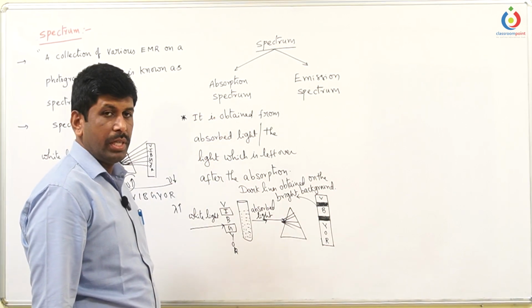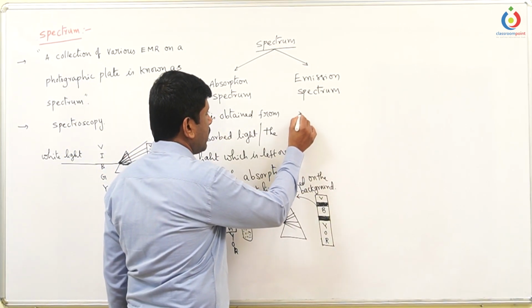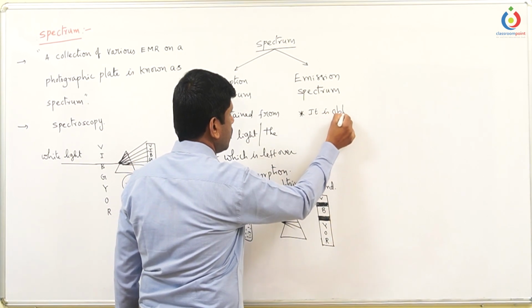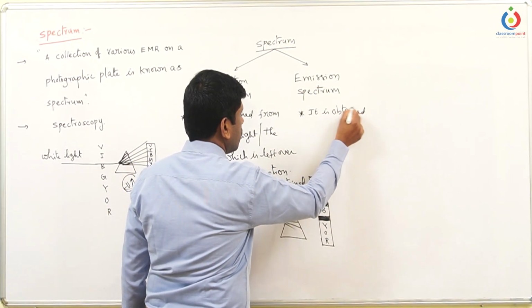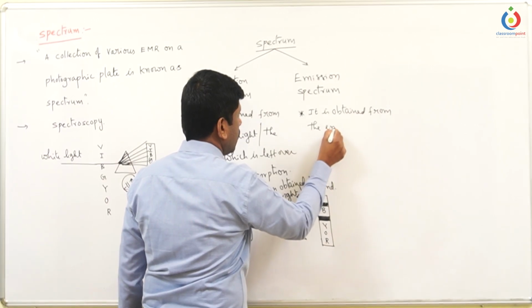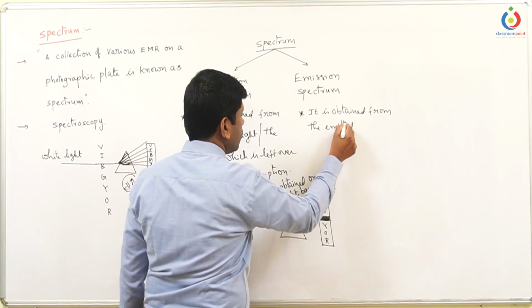Now let's come to the emission spectrum. Emission spectrum means it is obtained from the emitted radiation.